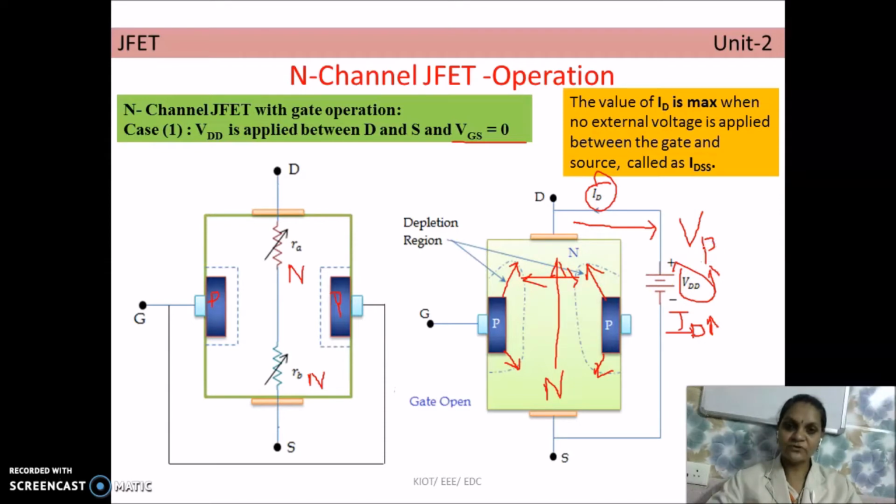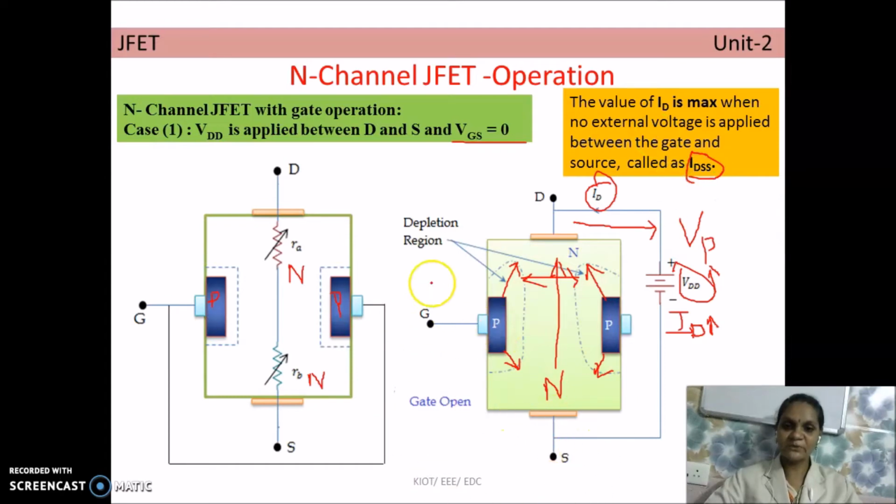After this pinch off voltage, the drain current continues to remain constant for further increase in VDD. If we keep increasing the value of VDD, at one point breakdown will occur. Whenever there is no gate source voltage, the maximum value of current that is allowed to flow through the FET is called the drain source saturation current.